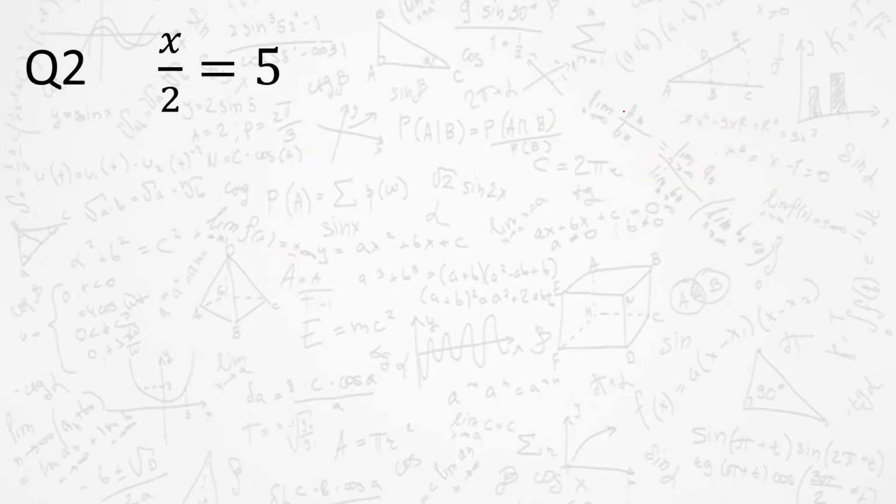Question 2, x over 2 equals 5. Again, I'm going to use both methods. Method 1, get rid of my fraction by times by 2 both sides. 2 and 2 cancel out. I have x equals 5 times 2, 10.